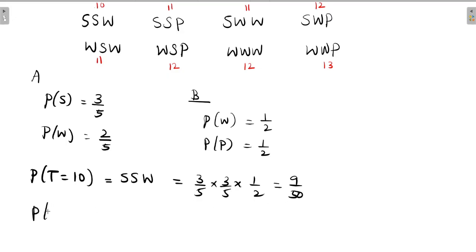Then let's find the probability of T equal to 11. What are the possible outcomes?